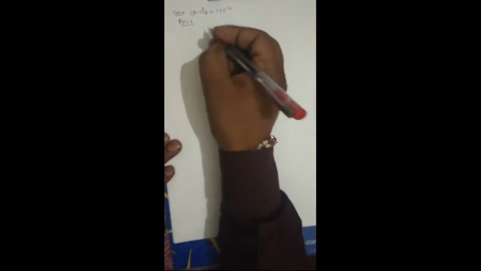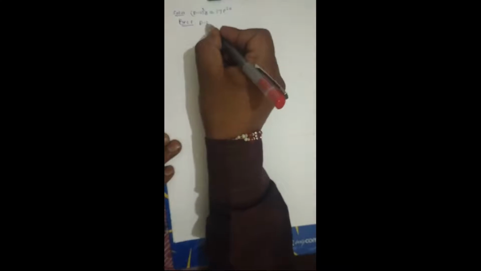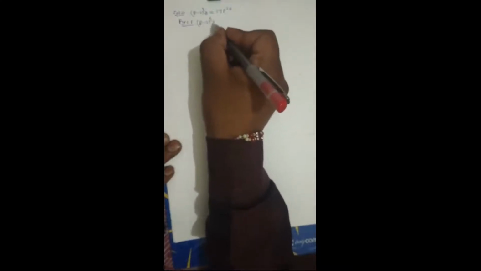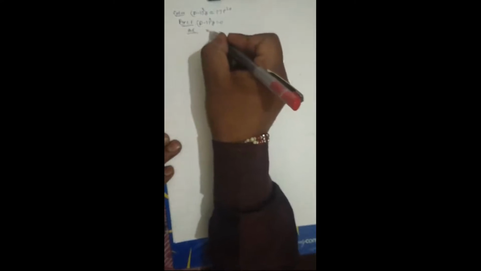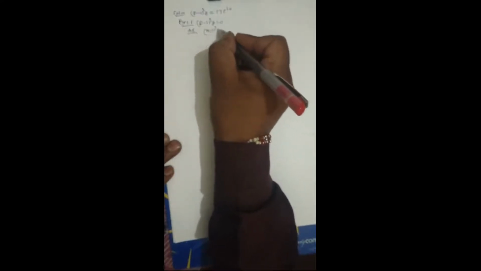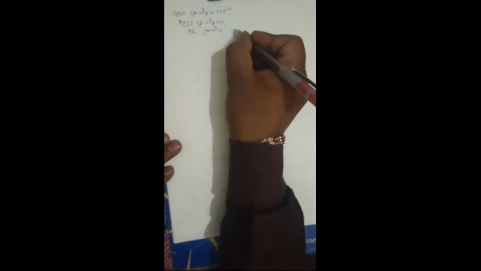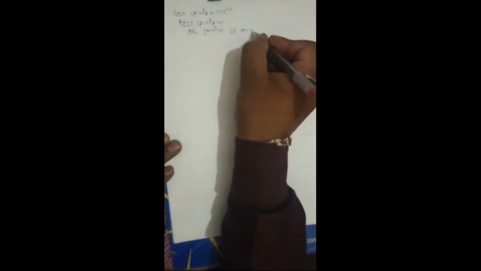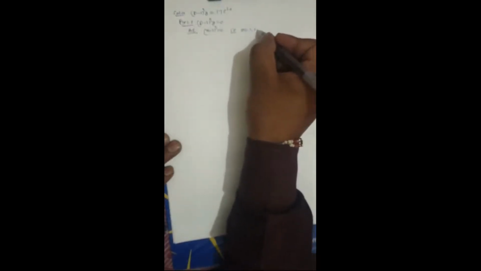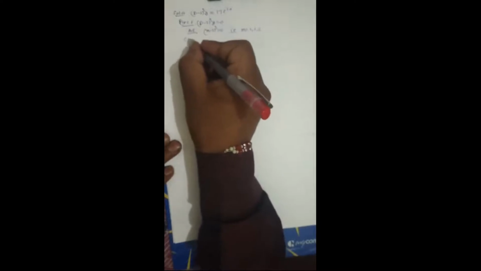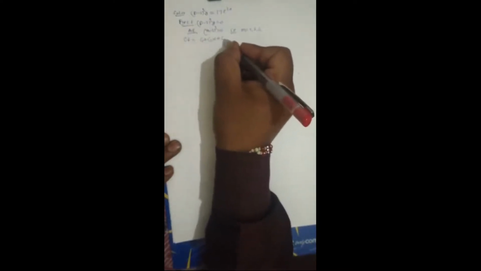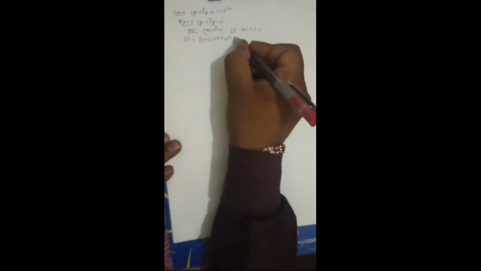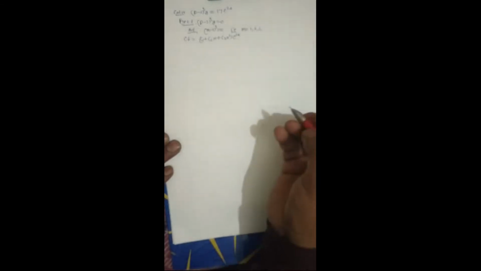For CF, (D minus 2)^3 is equal to 0. The auxiliary equation is (m minus 2)^3 equal to 0, that is m equal to 2, 2, 2. Then CF is equal to (c1 plus c2 x plus c3 x^2) e^(2x).